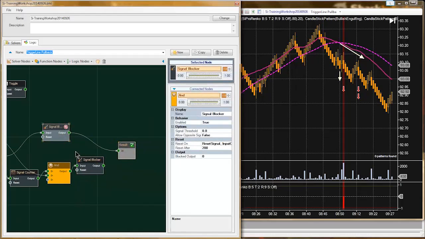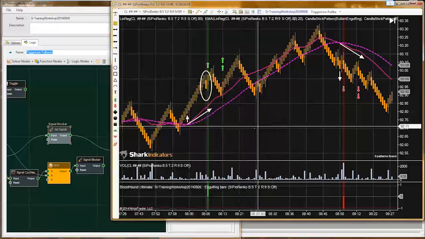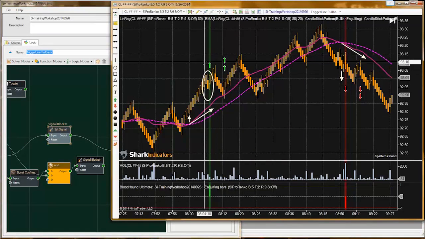And I'm going to set these 2 signal blockers up the same way. You can name these signal blockers as well. So this is the first signal. Remember, this signal blocker is allowing through the first signal.